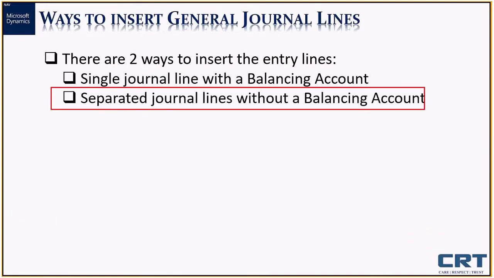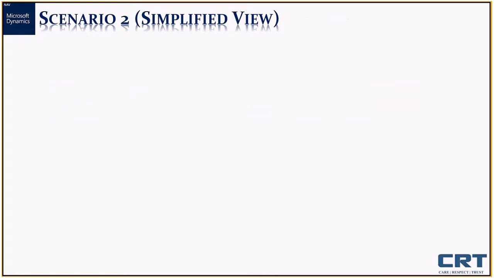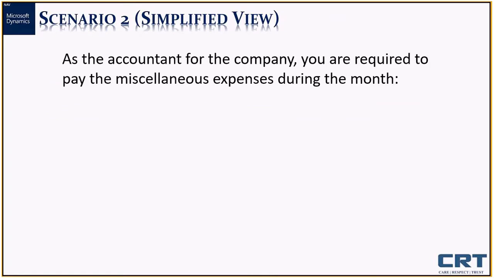Okay, the other way is to separate the journal lines without a balancing account. So with this scenario, we will be presenting some new features only available in the version of BC. Okay, so here you can see my scenario.